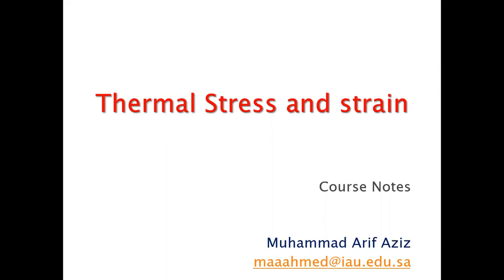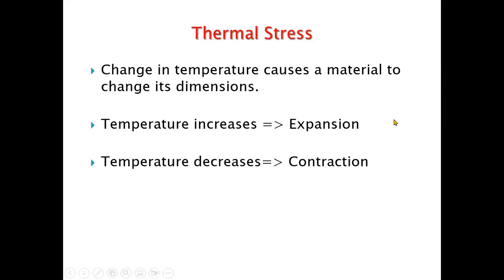Before proceeding to the problems, we have to have the basic concept about thermal stress and strain. Thermal stress: change in temperature causes a material to change its dimension. When there is a temperature change on any material, it will change the dimension of the body.